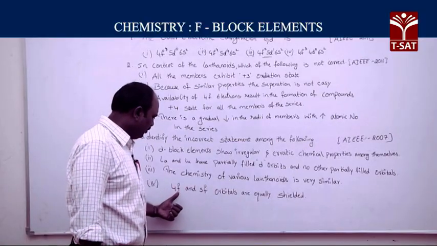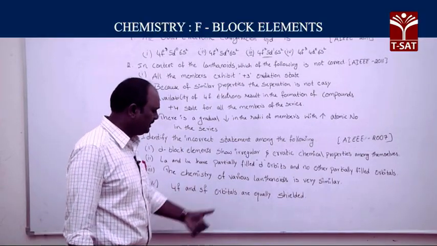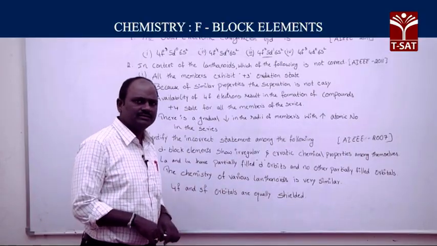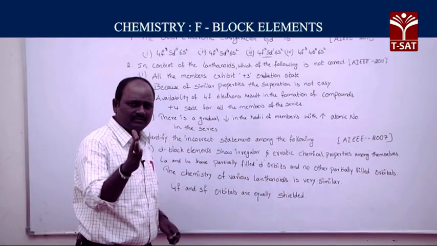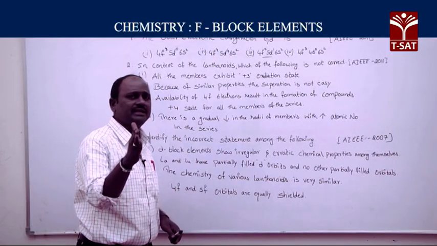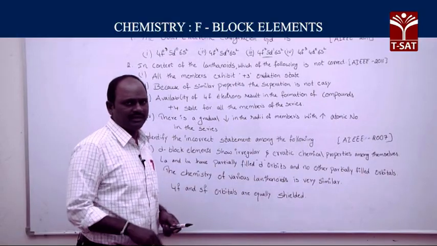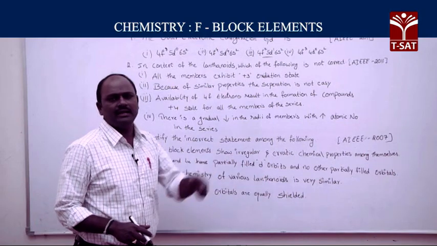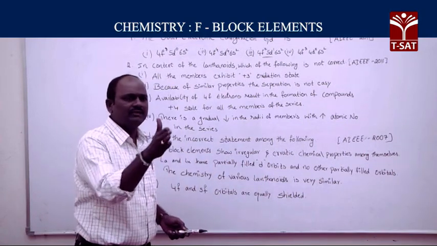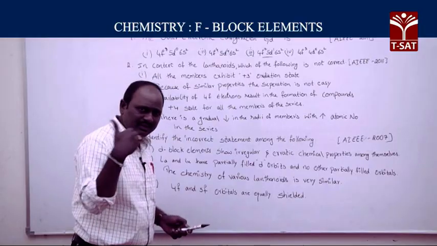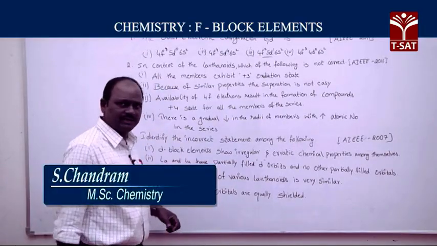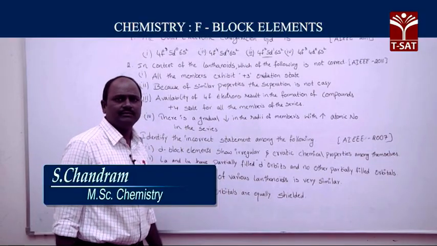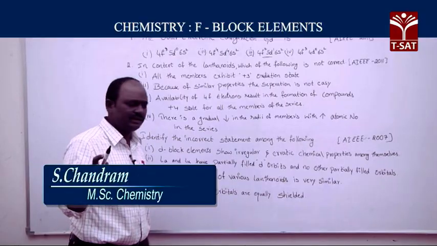Next one is 4f and 5f orbitals are equally shielded. One thing remember, in the lanthanides the poor shielding effect is due to the 4f orbitals. In the actinide contraction, it is the poor shielding effect of the 5f orbitals. There is some difference, but in the last statement, 4f and 5f orbitals are equally shielded is not a correct statement.